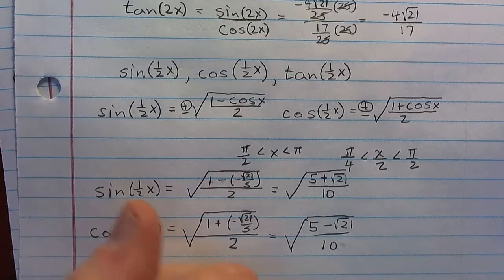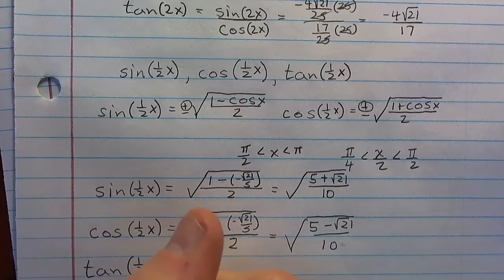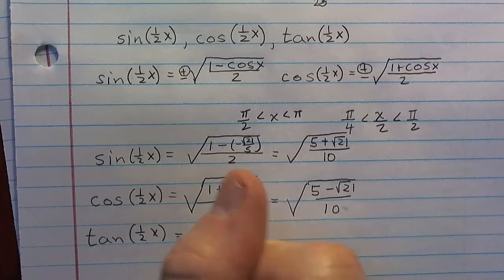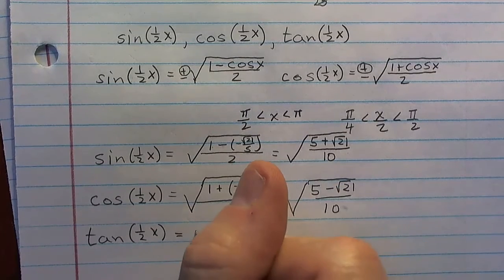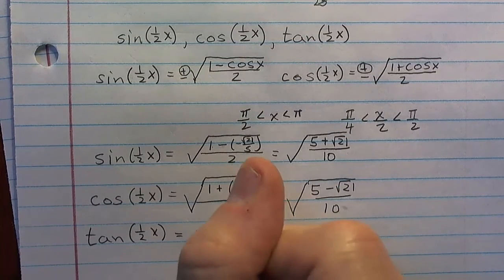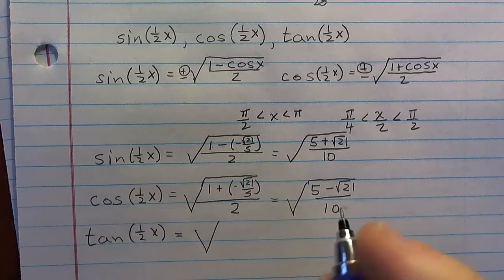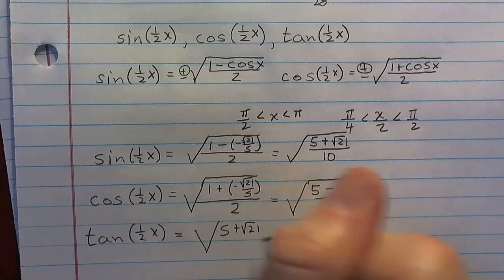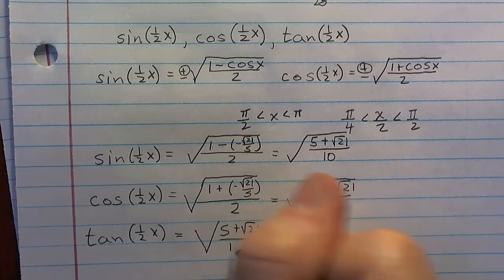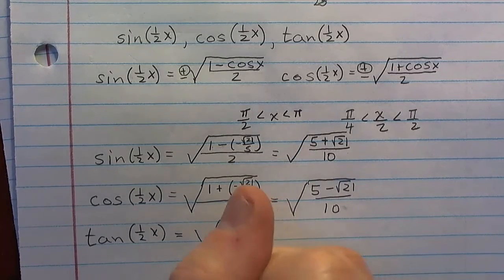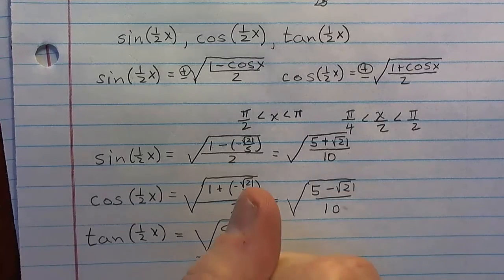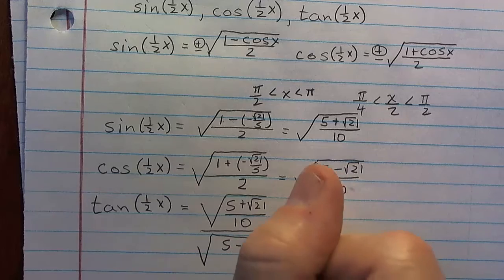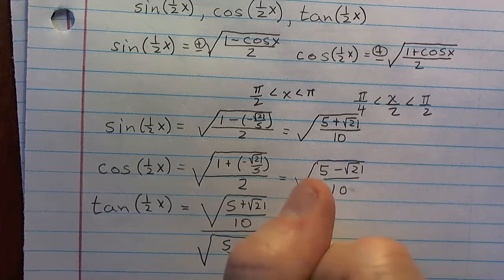Now, if we do the tangent, that's just sine over cosine. So I've got 5 plus the square root of 21 all over 10, and then the cosine is 5 minus the square root of 21 over 10.